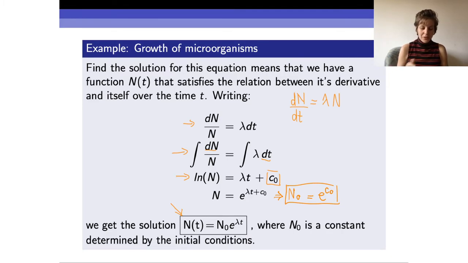So if we're saying that the solution of this equation is this, it means that if we substitute this n function here, it would be satisfied. So what's on the left side would be equal to what's on the right side.